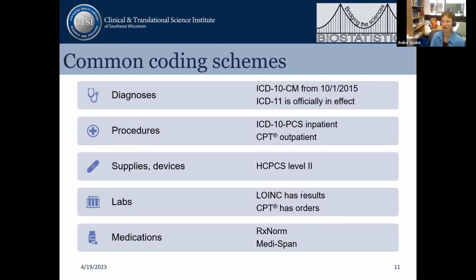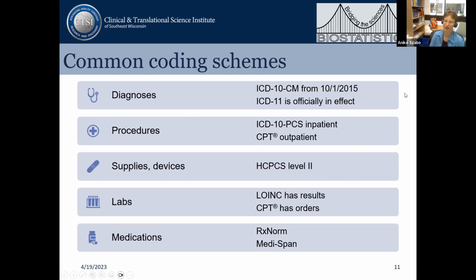So for example, with diagnoses, they use ICD-10 codes nowadays. There used to be ICD-9, and I hear that ICD-11 is already in effect, but I haven't seen them in EHR data, though I'm pretty sure they will be popping up in the next few years.